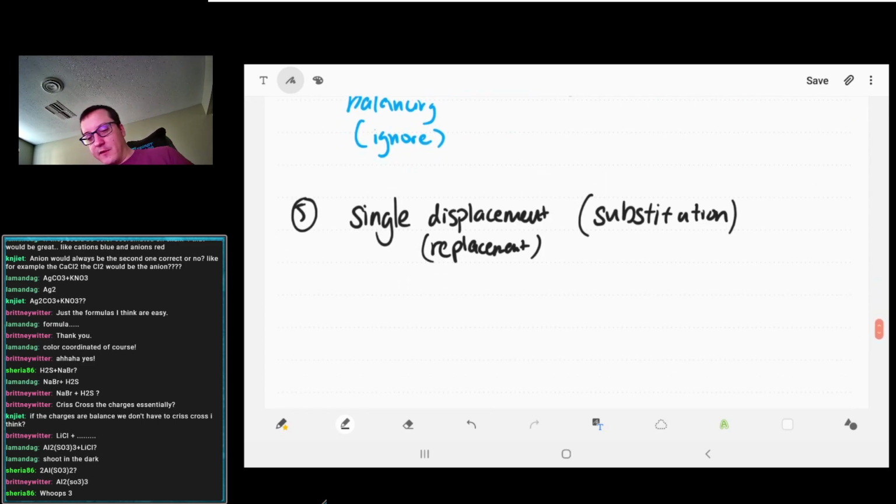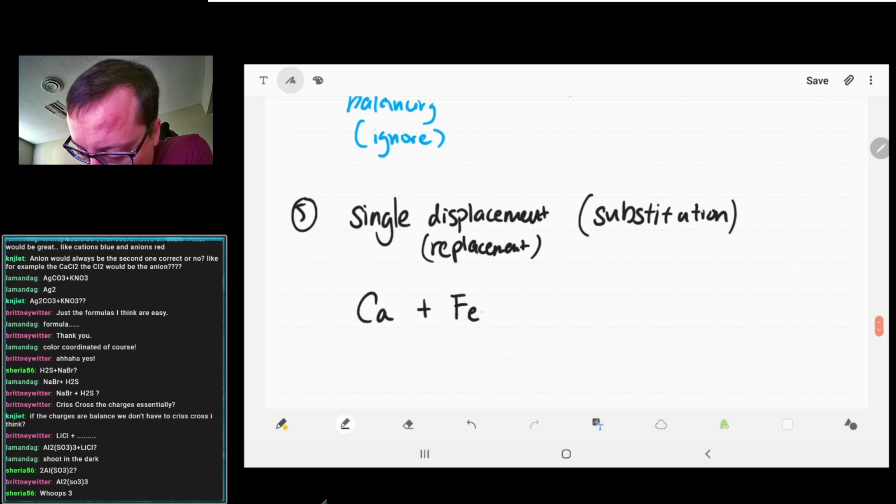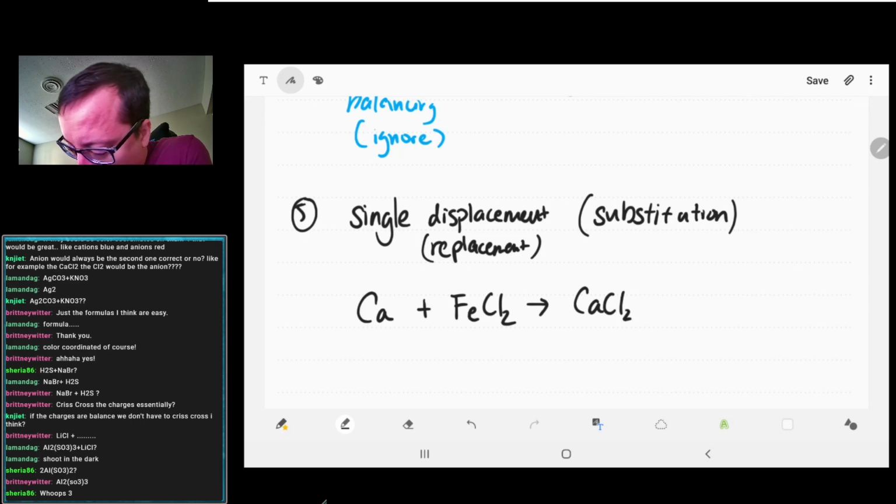And an example of this would be, let's see, what would be a good one? This would be an example of a single replacement reaction.